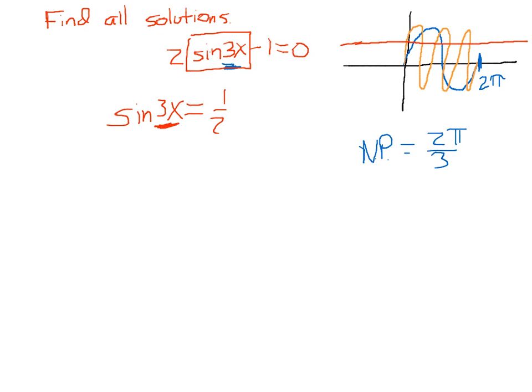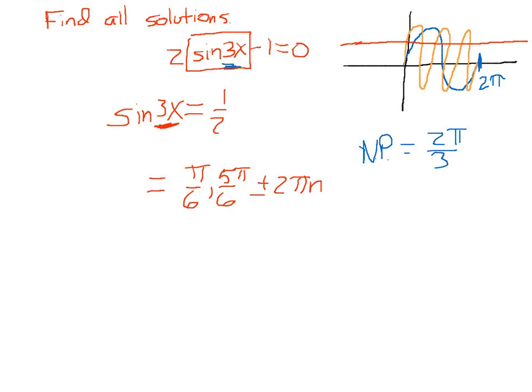All right, so what we want to do is use our unit circle and find out where sine is equal to 1/2. And we know that sine is 1/2 at pi over 6 and 5 pi over 6. And remember now, we have to add in the plus or minus 2 pi n.